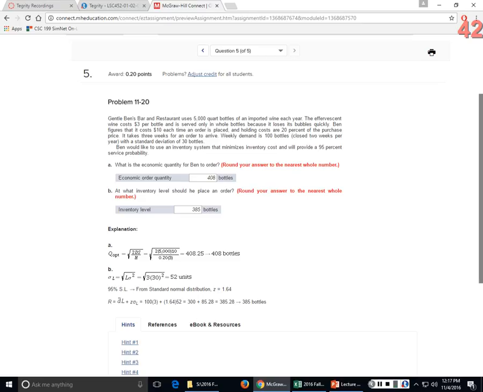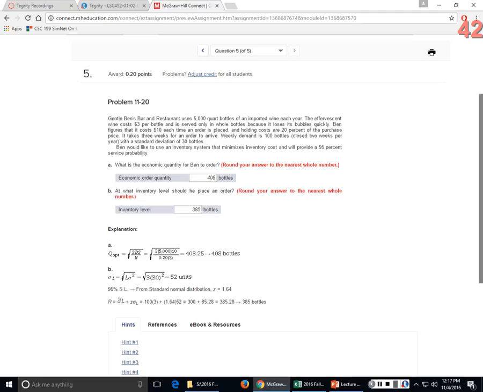If you remember, our formula for the standard deviation of lead time was the square root of lead time times the standard deviation of demand squared. So it should be the square root of lead time of 3 times 30 squared.